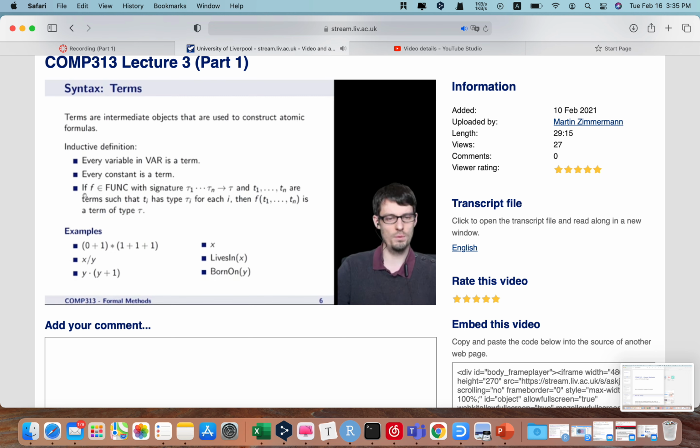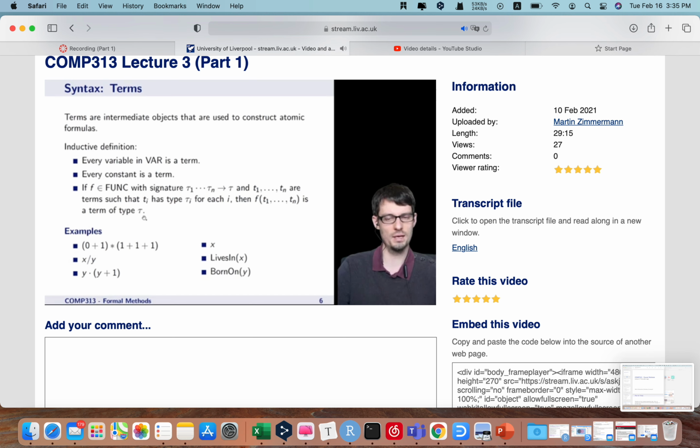And furthermore, if we have a function in FUNC, call it f, which has signature tau 1 up to tau n mapped to tau, meaning the function has n inputs of type tau 1 up to type tau n, and it gives an output which has type tau, then if t1 up to tn are terms such that each ti has type tau i, so they have the right type to be put into the function at that position, then f of t1 up to tn is a term of type tau.